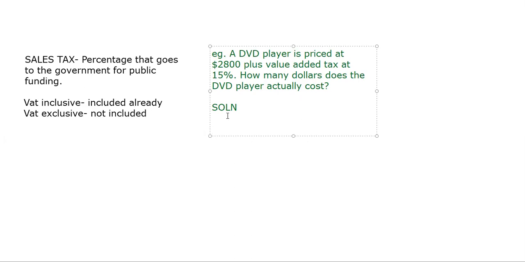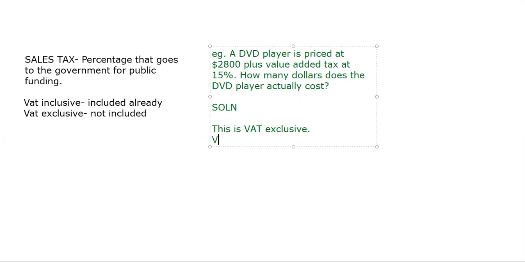So we have a question here that says a DVD player is priced at $2,800 plus value added tax at 15%. How many dollars does the DVD player actually cost? Now they are saying $2,800 plus value added tax. So that means this is VAT exclusive. So we have to work out the VAT, right?